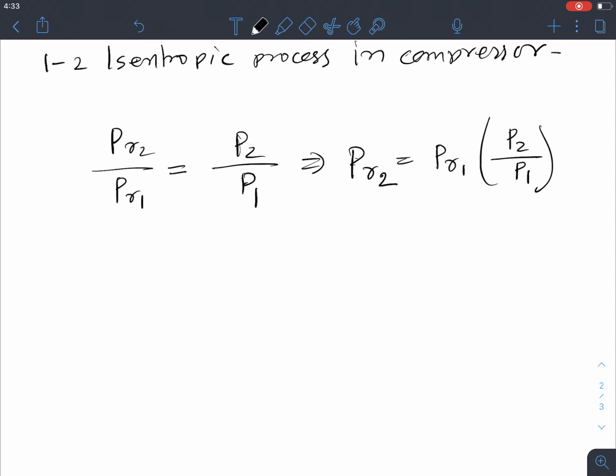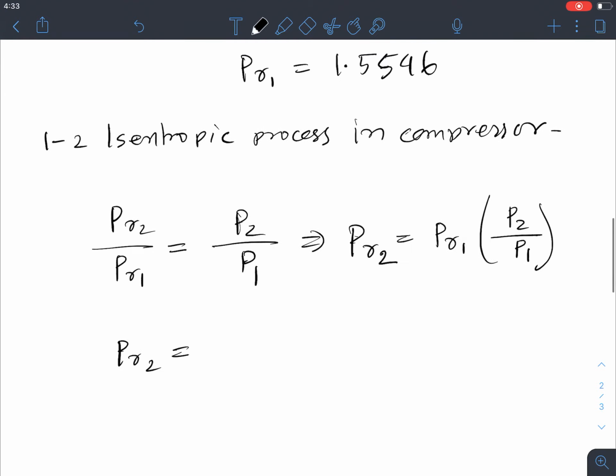Also in this theory class, we talked about the pressure ratio P2 divided by P1, which is the pressure after the compression over the pressure before the compression.